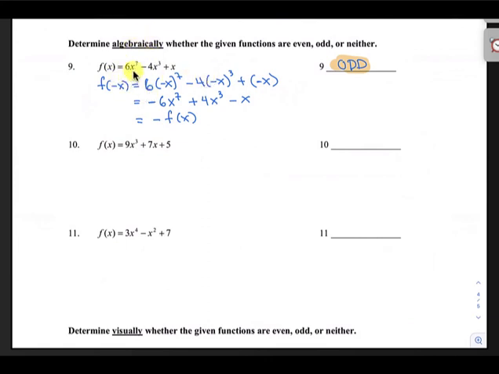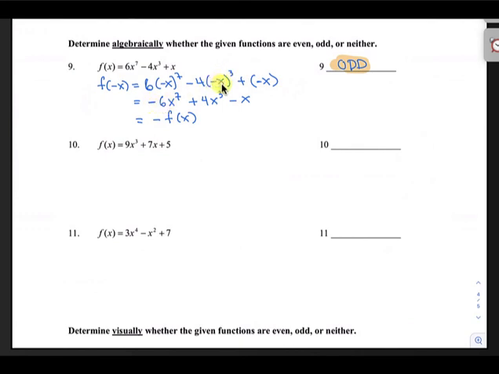So replace all the x's with negative x. That would be 6 times negative x to the 7th minus 4 times negative x to the 3rd plus negative x. Now we know that negative x raised to the 7th power is going to be negative, so you can put the negative in front of the 6.